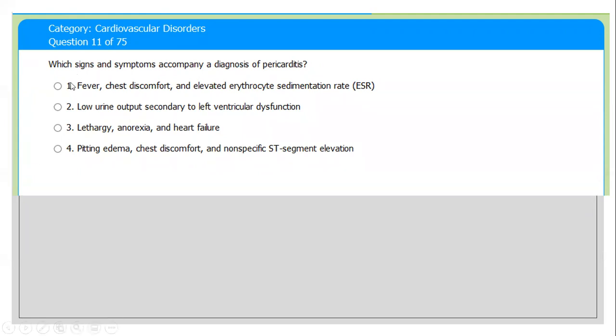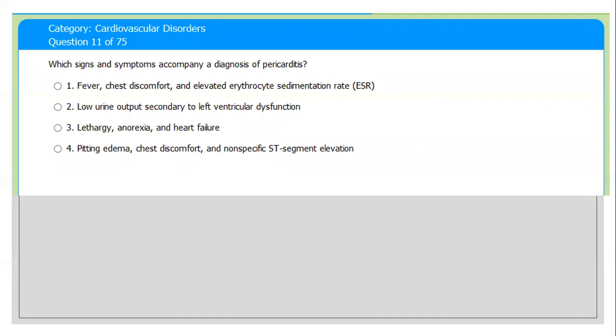Here are the 4 options: fever, chest discomfort, elevated erythrocyte sedimentation rate. When any patient has an inflammation or infection, we check a complete blood count.